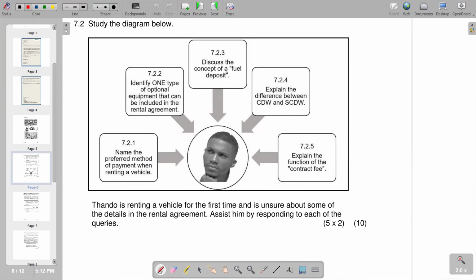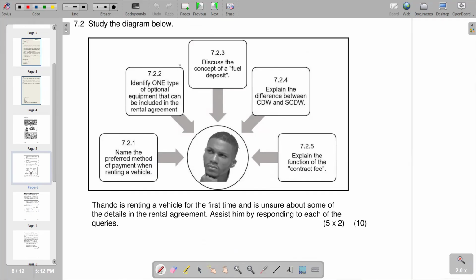Remember, the concept of a fuel deposit states that when the car is being collected, it will be having fuel. So the one who is renting should pay the amount equivalent to the value of the fuel that is in the vehicle, and that becomes the deposit.